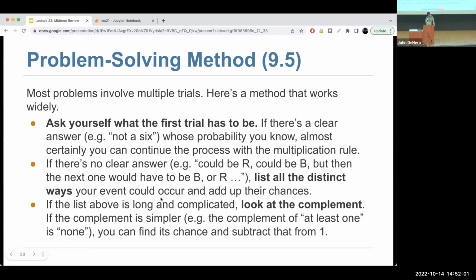And if it turns out that this list is really long, then look at the complement, which means you take 1 minus the probability of something else. Sometimes that complement is simpler. The most common thing I've seen in this course is that the complement of at least one thing happening is that none of those things happened. You can find its chance and subtract that from 1.